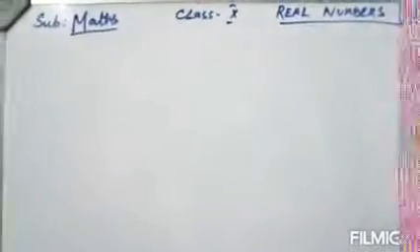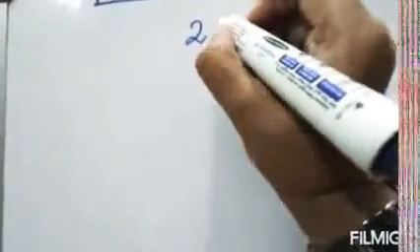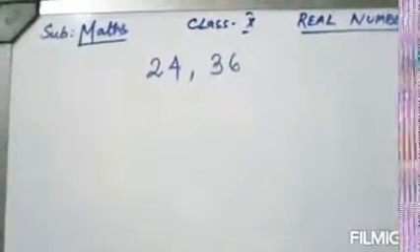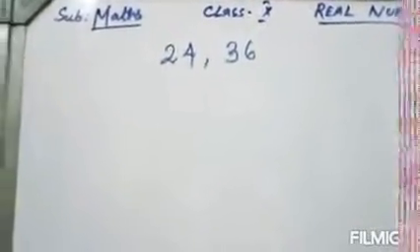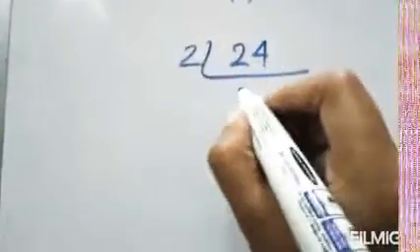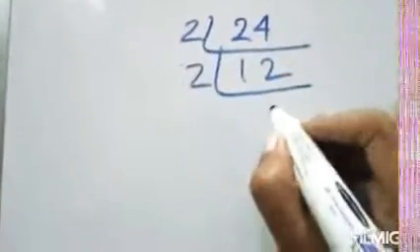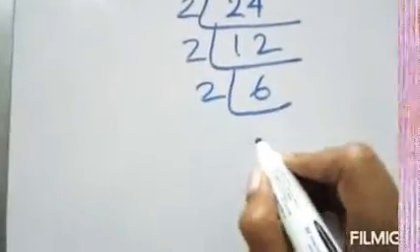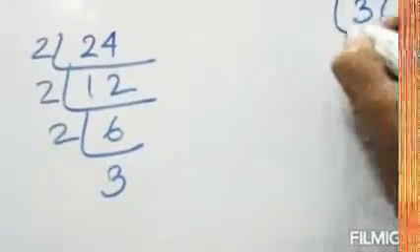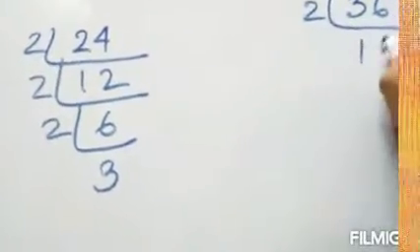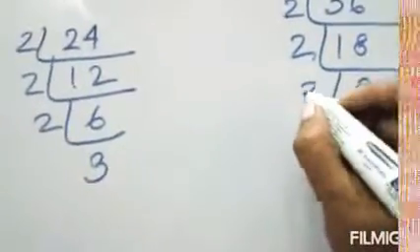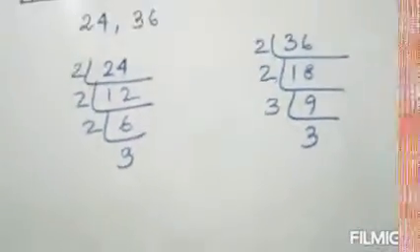Now let me give you two numbers, 24 and 36, and I tell you to factorize these two numbers using the prime factorization method. So 24, what will come? 2s are 12, 2s are 6, 2s are 3. And 36, 2s are 18, 2s are 9, 3 3s are 9, right?